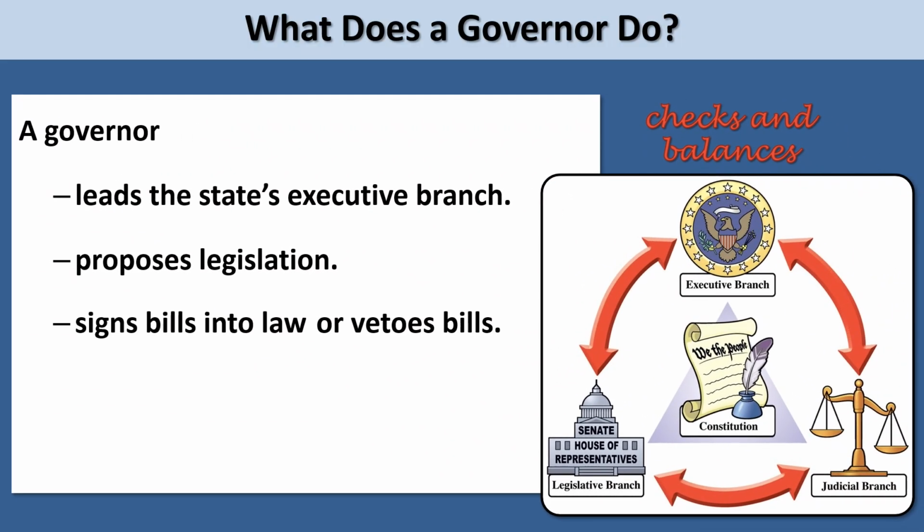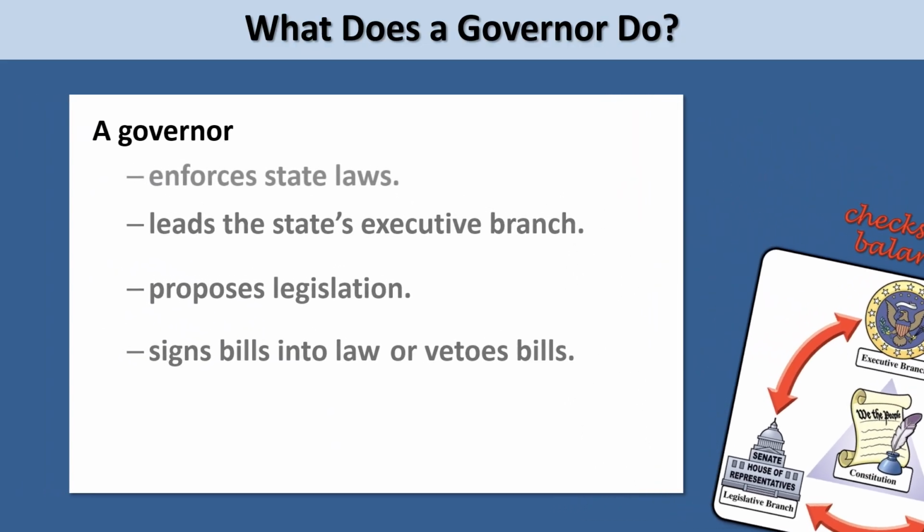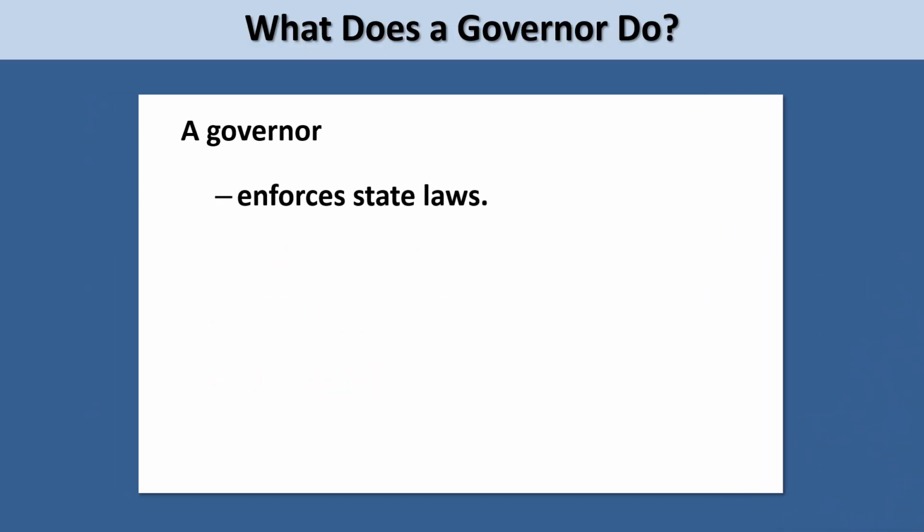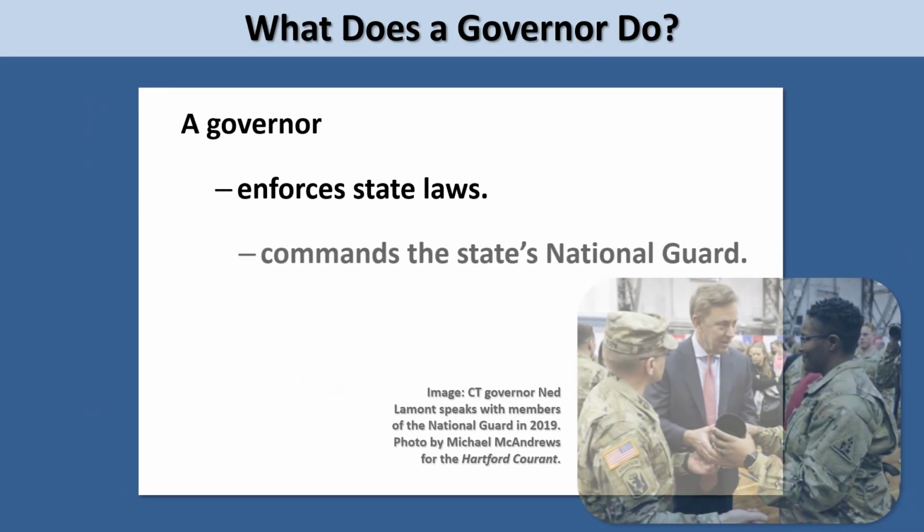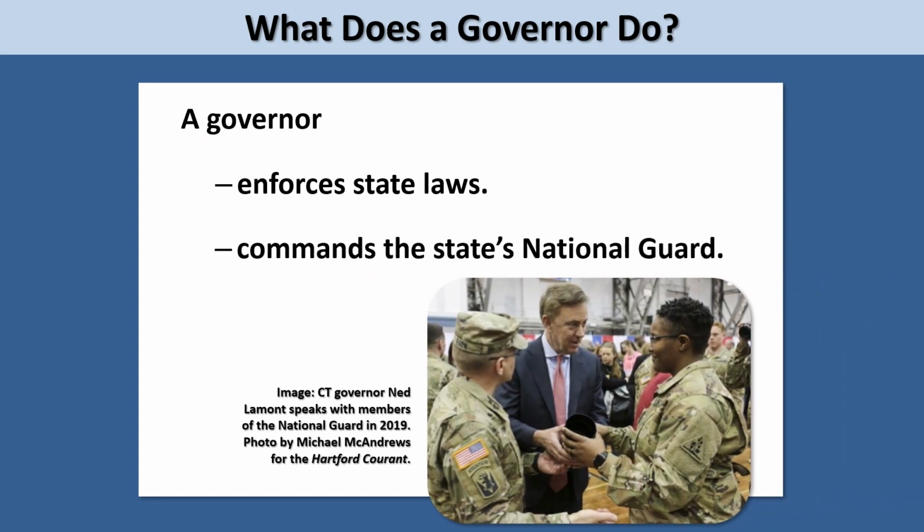This is an example of the system of checks and balances at work in state government. Having a system of checks and balances keeps one part of state government from becoming too powerful. As the head of the state executive branch, the governor also enforces state laws and commands the state's National Guard.